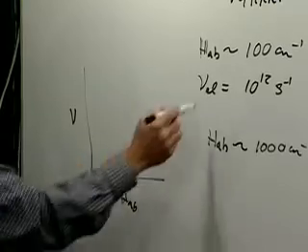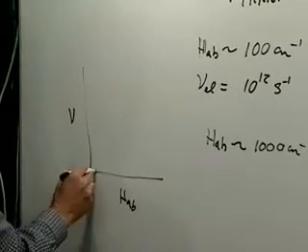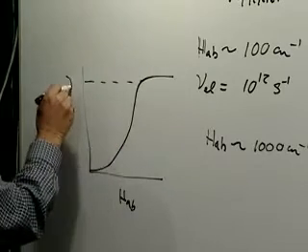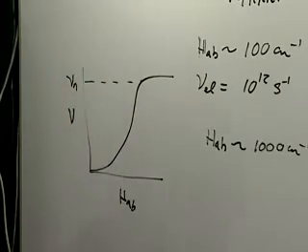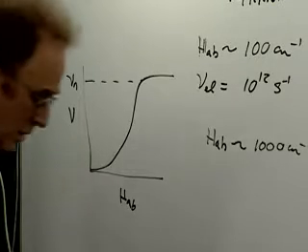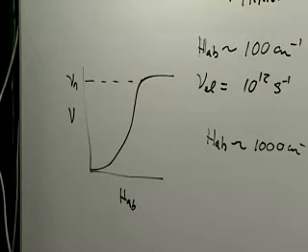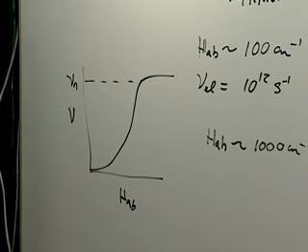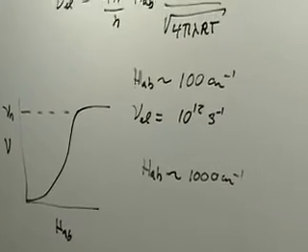It's going to be quadratic in HAB initially, and then it's going to level off at nu n. So the largest that prefactor can be is the nuclear frequency, but the electronic probability of transferring between curves can be much less.